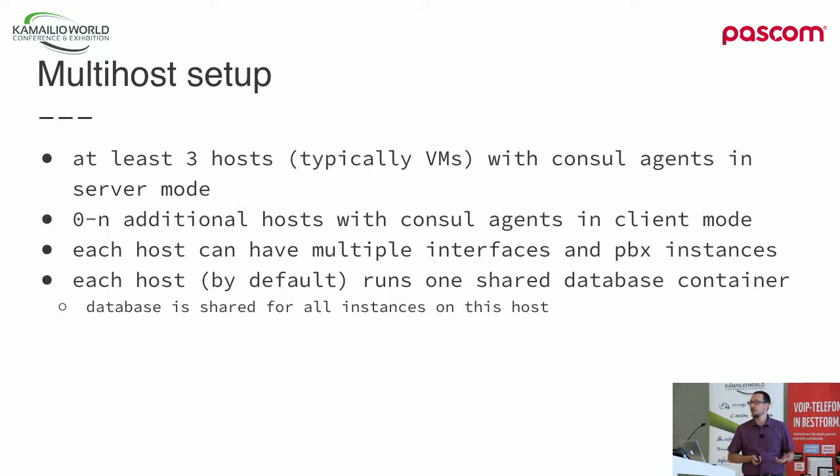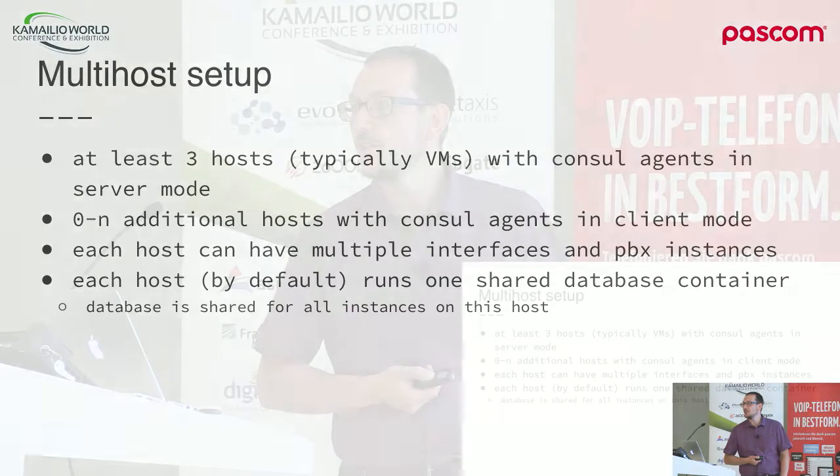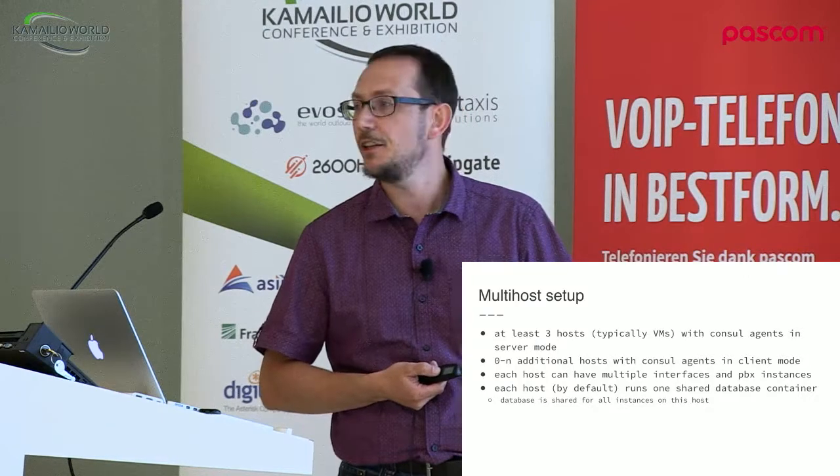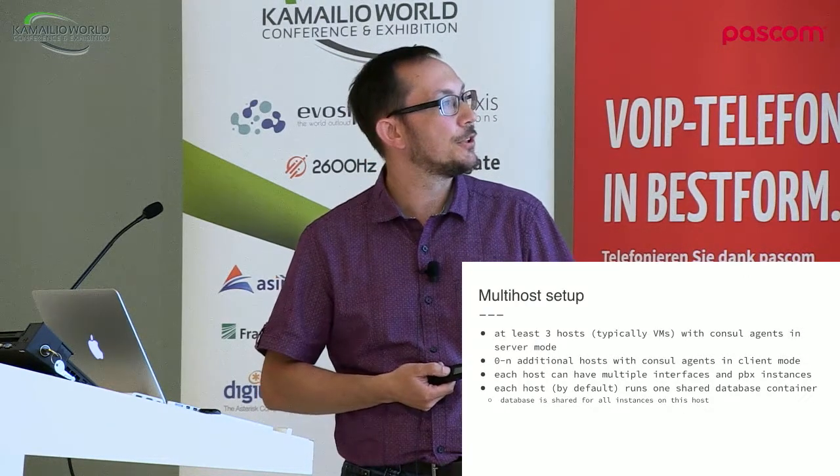They see the same data, but they don't replicate the data, only on those 3 or 5 hosts per data center. Okay, and then each host can have as many interfaces and PBX instances as your hardware allows you. That means for the smallest cluster, you have 3 hosts with each 1 interface maybe, and a couple of instances on it. In a bigger deployment, you have dedicated interface hosts and dedicated PBX hosts.